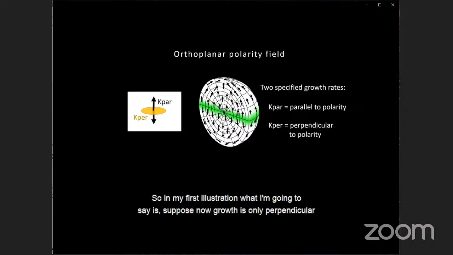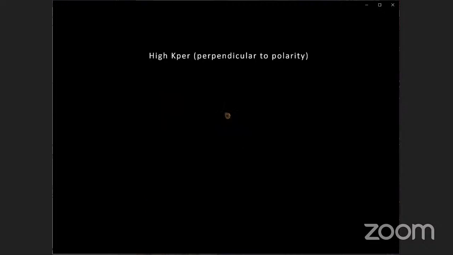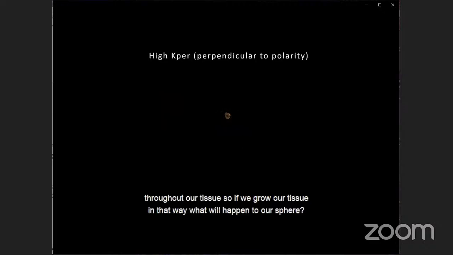So in my first illustration, what I'm going to say is suppose now growth is only perpendicular to the polarity. So that in each region, growth is going to be high, perpendicular to the polarity, and little or absent in terms of parallel to the polarity. So K-per is uniformly going to be high throughout our tissue.